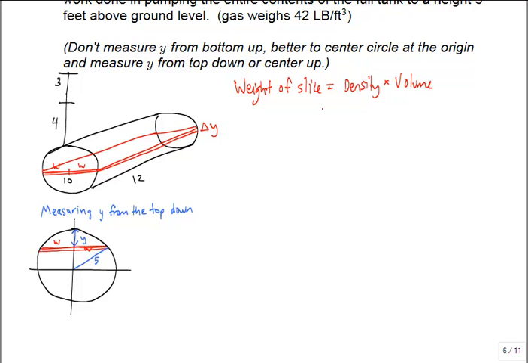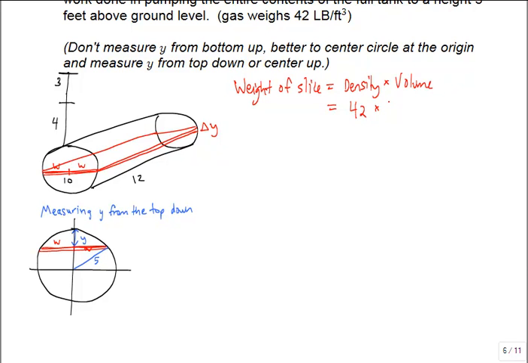And again, we're dealing with gasoline, so our density is now 42 pounds per cubic foot. And our volume is going to be the volume of this slice, which is 2W going across, and that's going to vary whether we move up the circle or down the circle, times the length here, which is 12, times the thickness, delta y.